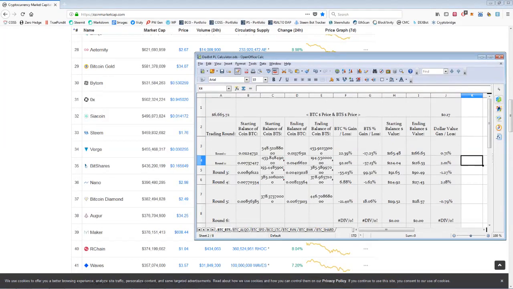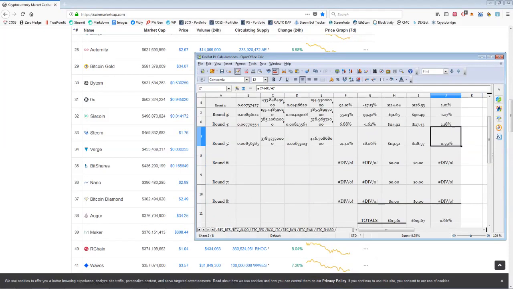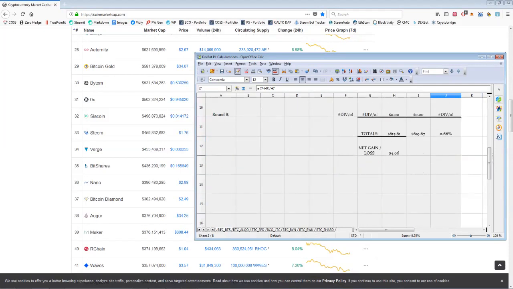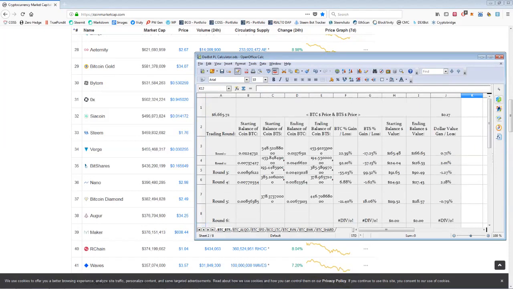Third round I'm now down 1.2%. Fourth round I am up 2%, and the last round I am down almost 1%. Overall, up about 0.5%. So this was between Bitcoin and Bitshares.